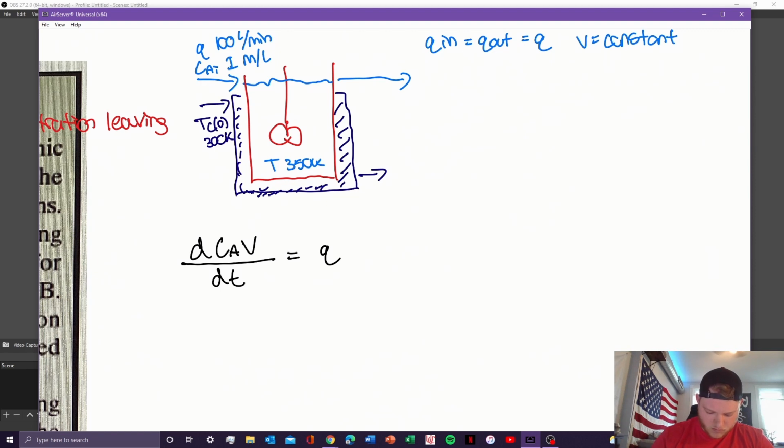So Q times the concentration inside minus the concentration going out. But since we have a CSTR, we know that the concentration in is the same as the concentration going out, so we can just put the normal concentration. I need to really make that small. There we go. So there's that.